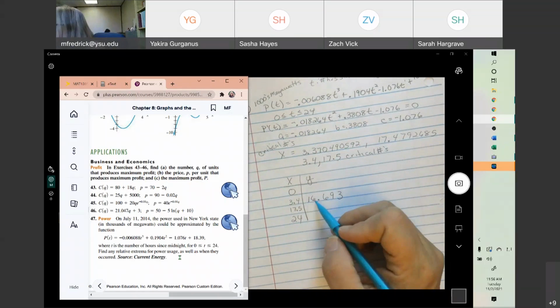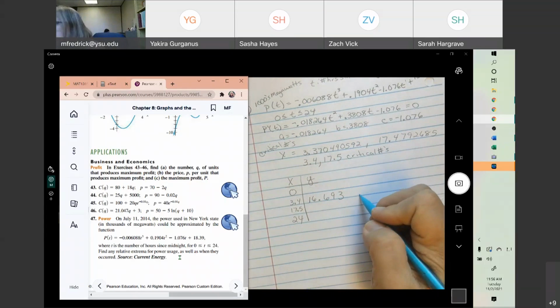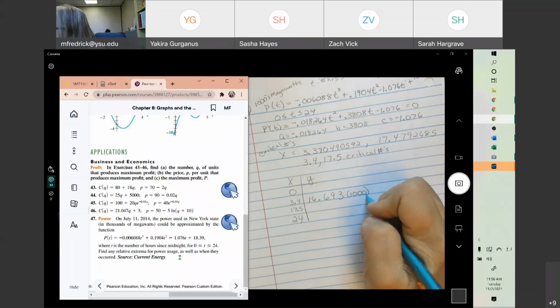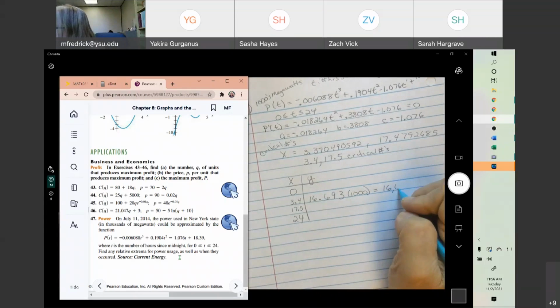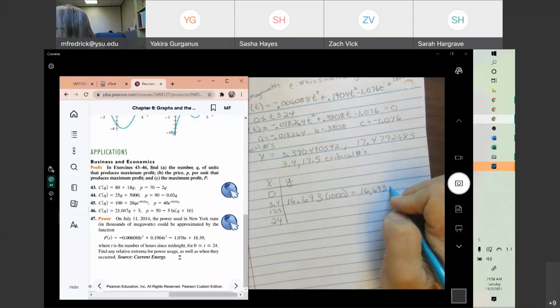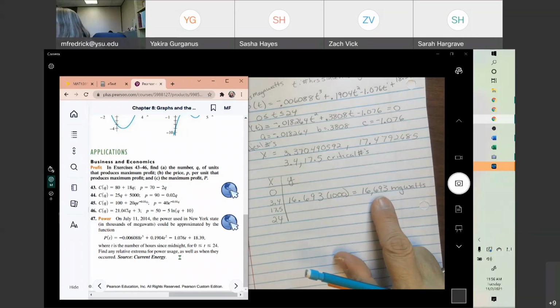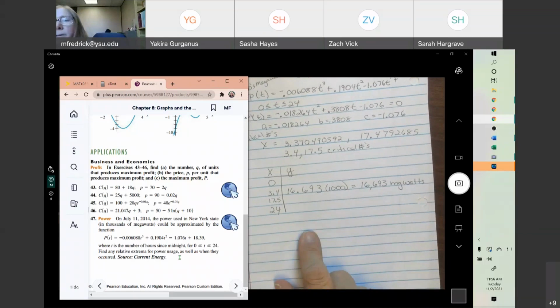So you would either write 16.693 thousand megawatts, or you'd multiply by 1,000 to get 16,693 megawatts.